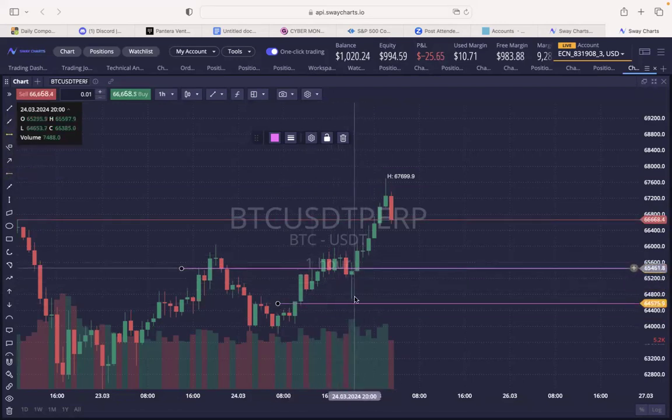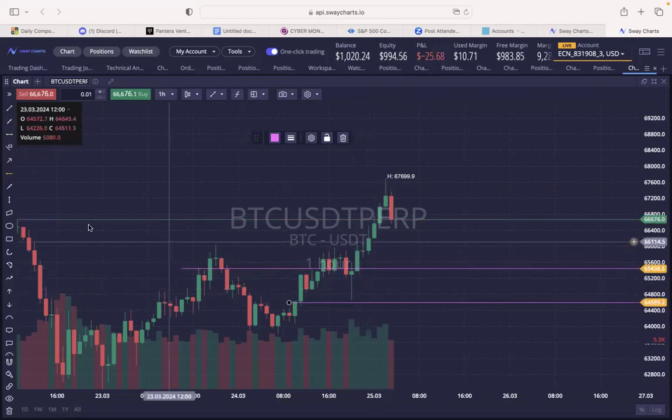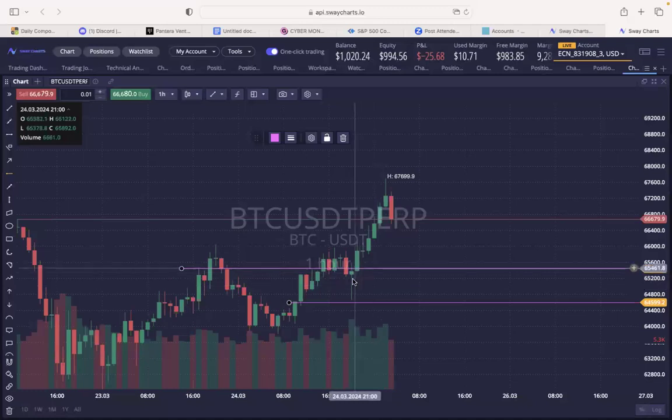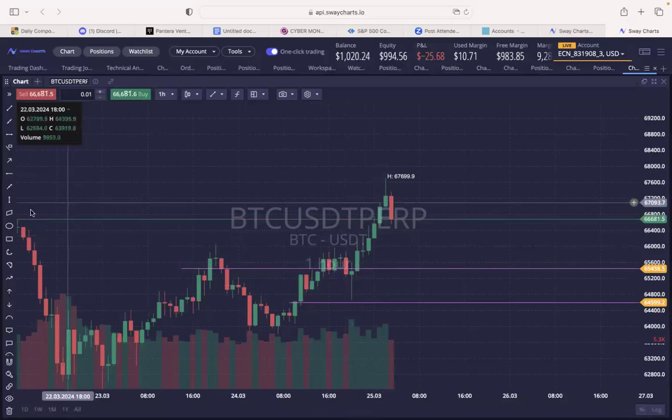And this is what I'm talking about. This will be our risk. We get in, let's say we get in at 65,438. If it doesn't go up, we want to get out at this point right here. And if this is our risk, we are looking to make at least twice that.